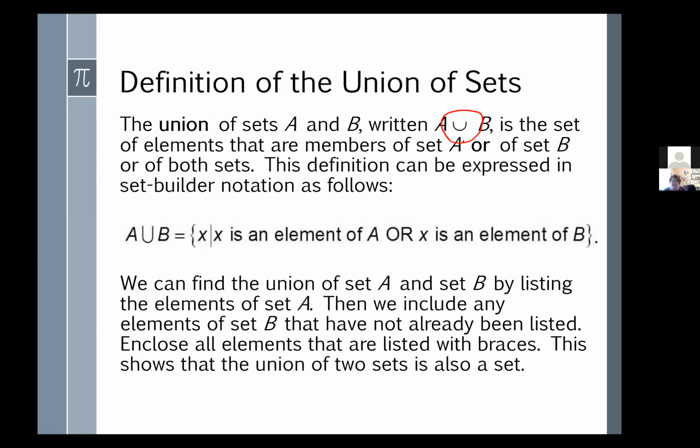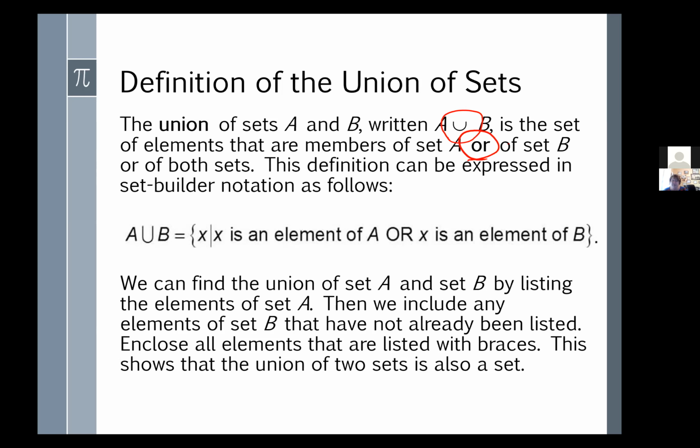The union of sets A and B, written A U B, is the set of elements that are members of set A or set B. So intersection is and, union is or. It's a member of set A or of set B or of both.